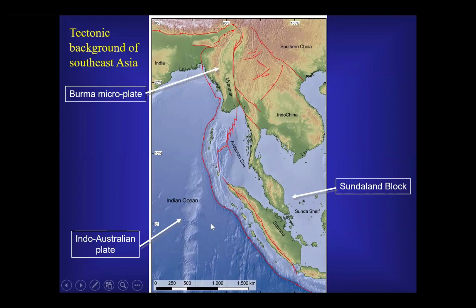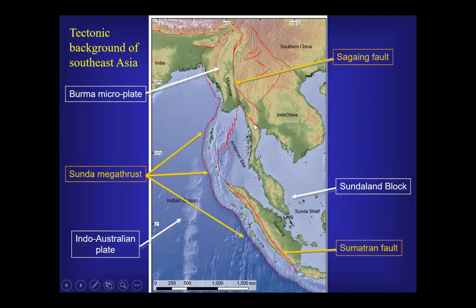And here we have the Indo-Australian plate, which is subducting underneath the Sunda block. So we have this primary plate configuration, and in Myanmar we know that it's a microplate in between these two major blocks.